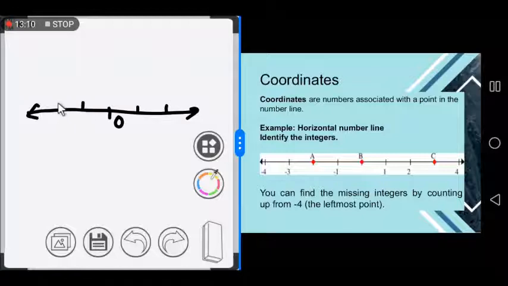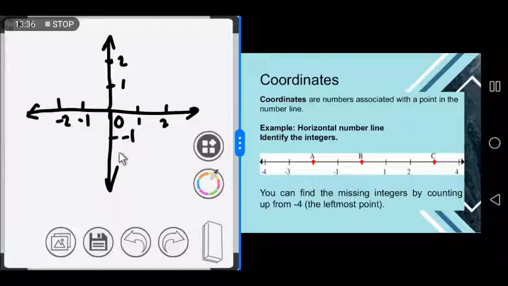We have here positive 1, positive 2, and this is negative 1, negative 2. In grade 8, you will see another number line, a vertical number line. It will also have 0 at its start, then the positives 1, 2, and here are the negatives, negative 1, negative 2, and so on.